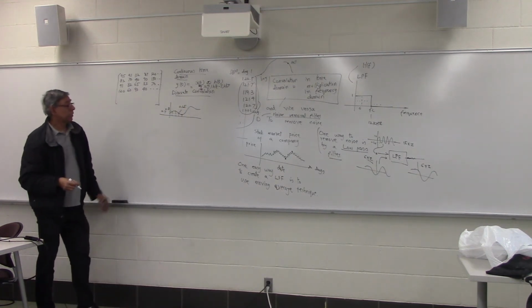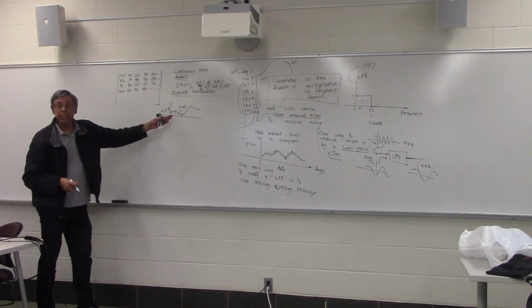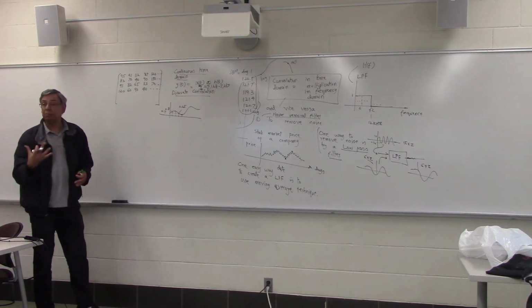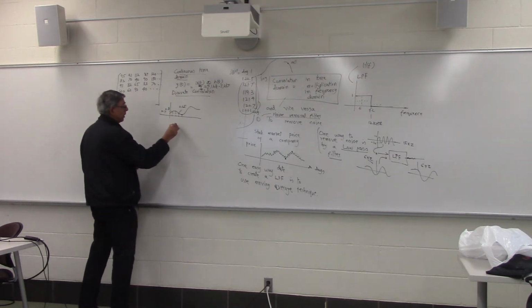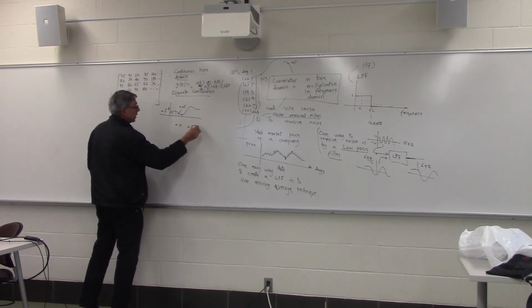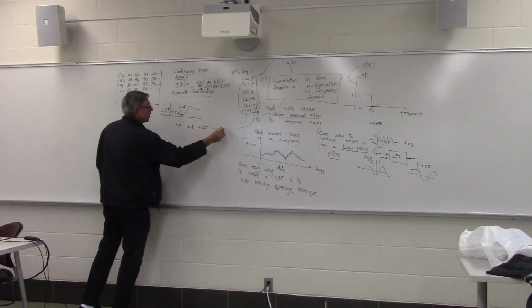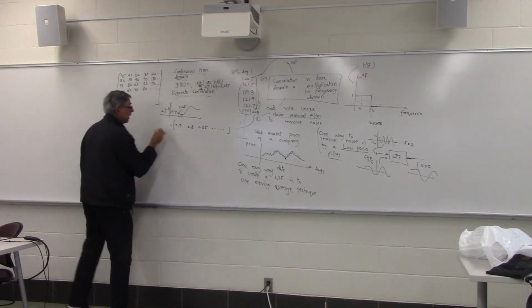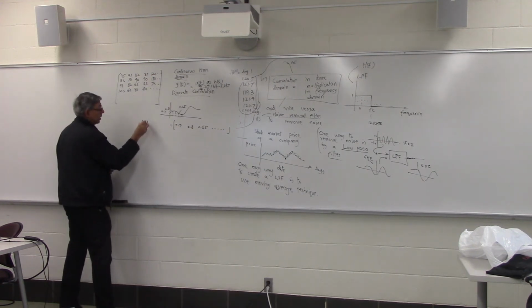So we can represent this particular signal as a sequence of sample numbers, for example 0.7, 0.8, 0.65, and so on. So this is basically our discrete sequence of numbers.